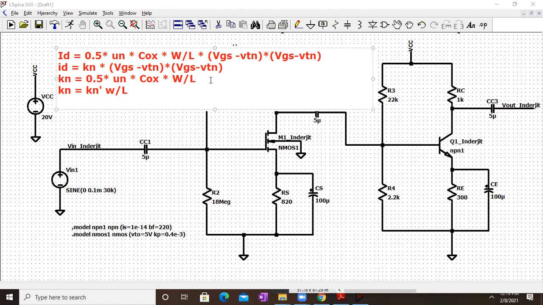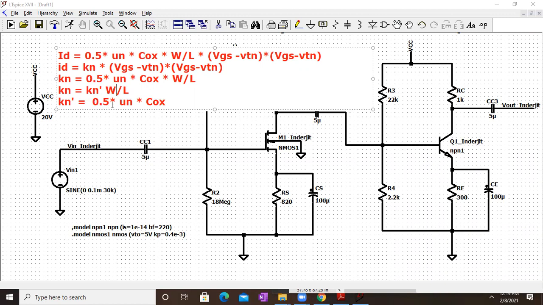Here in this dot model statement, this Kp is nothing but Kn dash. So what is Kn dash finally? Kn dash is nothing but half mu n into Cox. Since W by L we are not considering, it is by default taken as ratio 1. So Kn will be equal to Kn dash, correct?